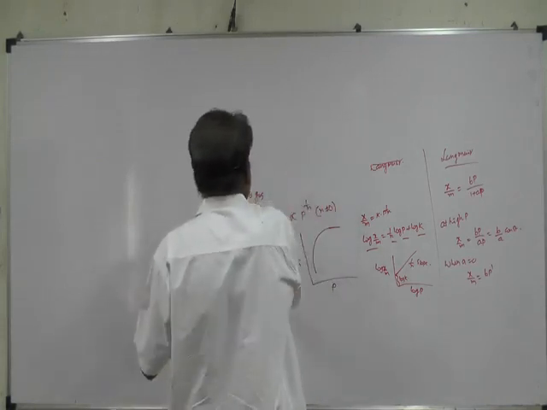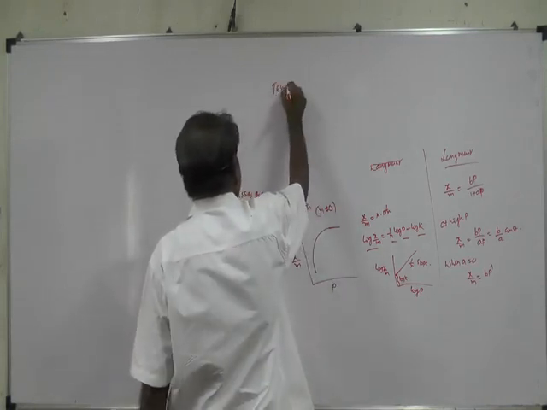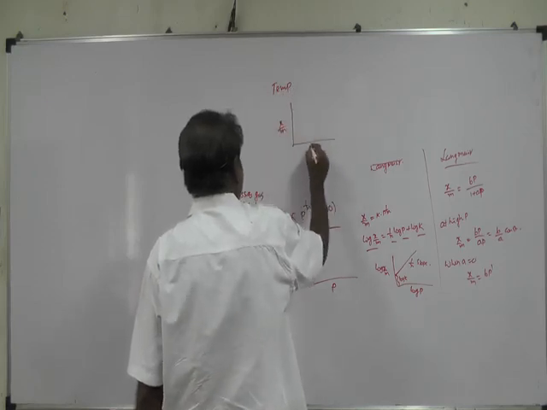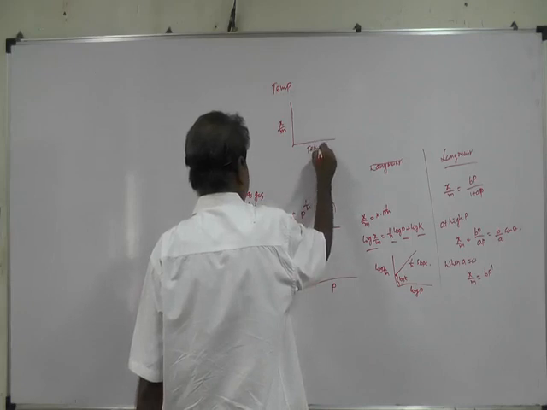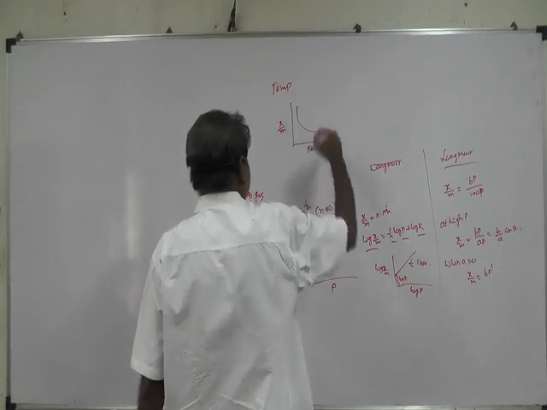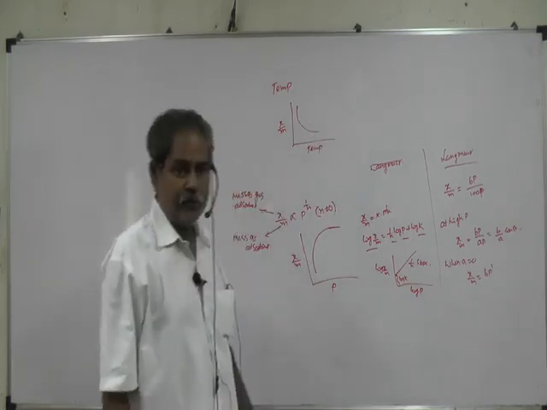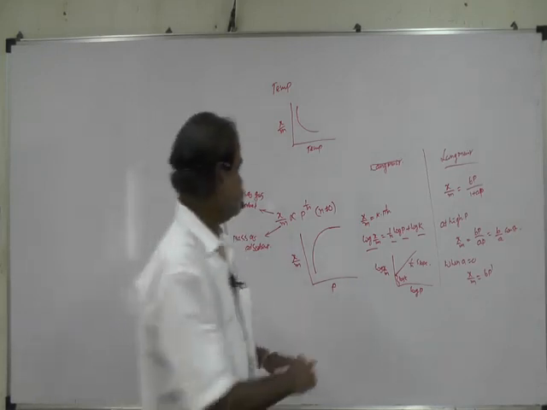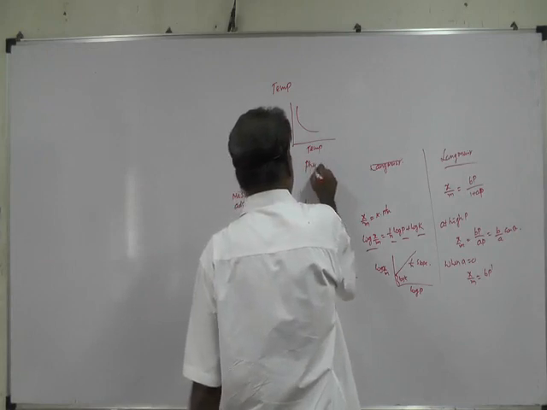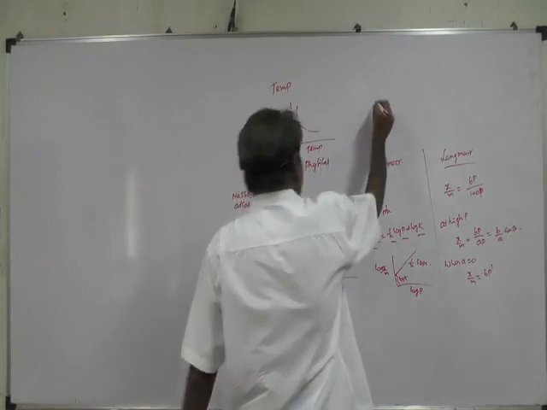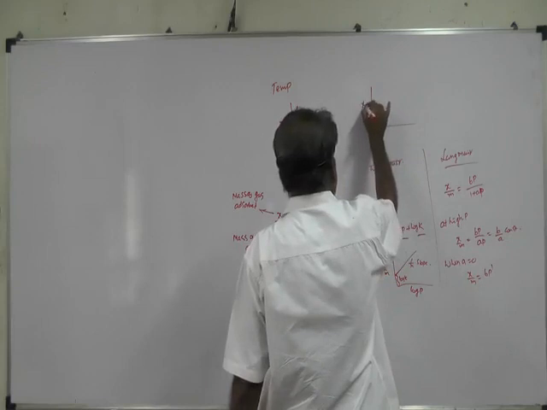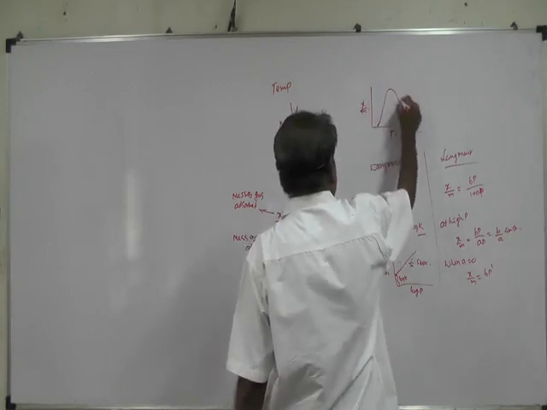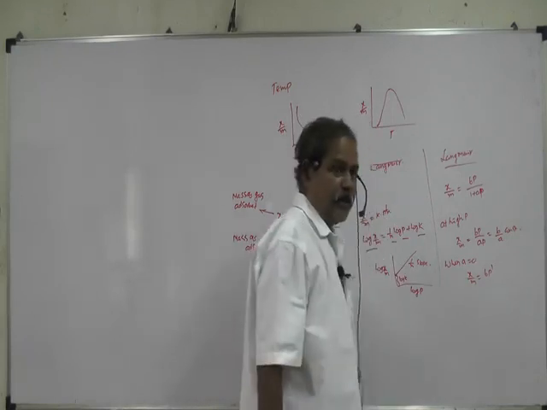Effect of temperature. X by m versus temperature. क्या होता है? Physical adsorption decreases with increase in temperature. Physical. For chemical adsorption, X by m with temperature first increases and then decreases. Why does it increase?